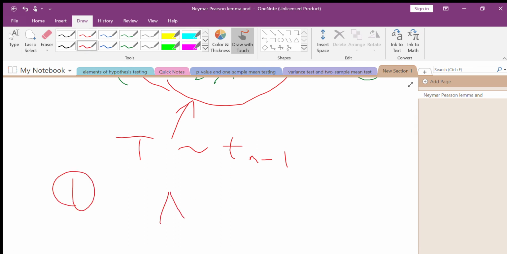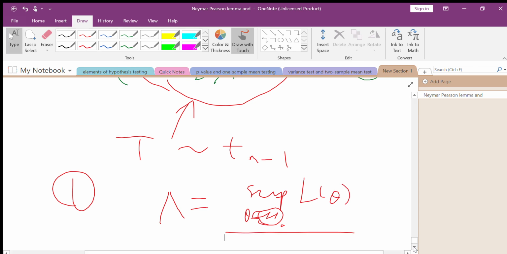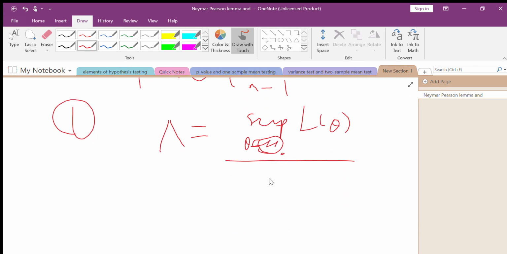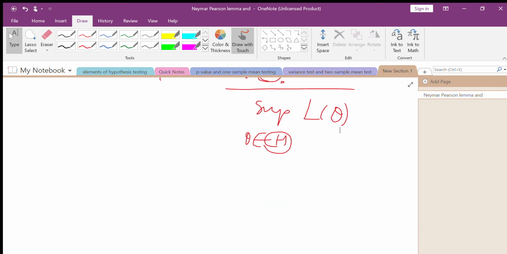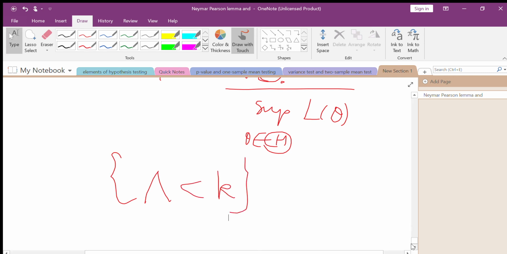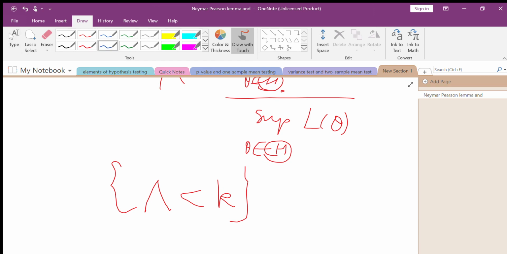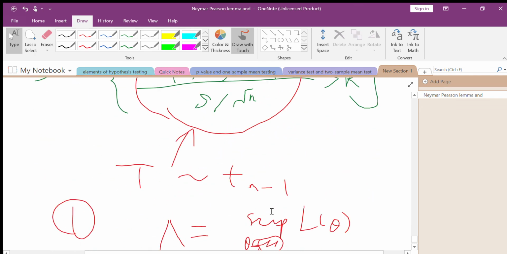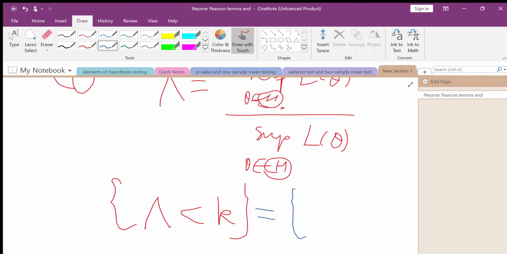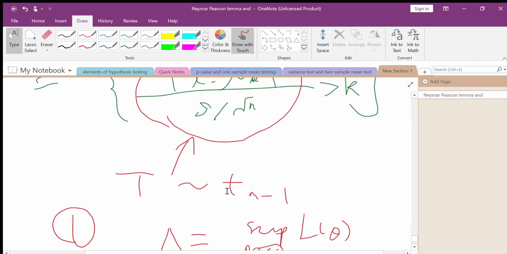We can calculate capital Lambda, the sup over theta in capital Theta 0 of L(theta) divided by the sup over theta in capital Theta of L(theta), and the first step is to rewrite the rejection region capital Lambda less than k, and we have shown that it is equal to another set: the set where the absolute value of T is greater than k.